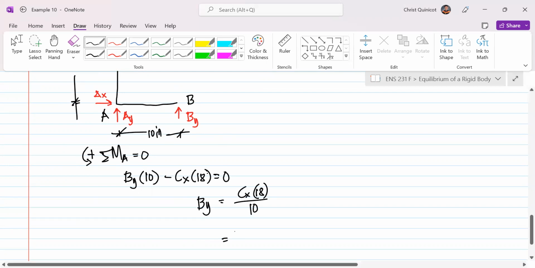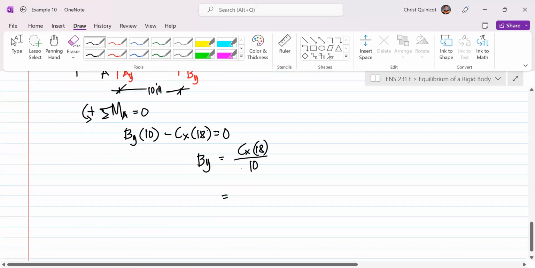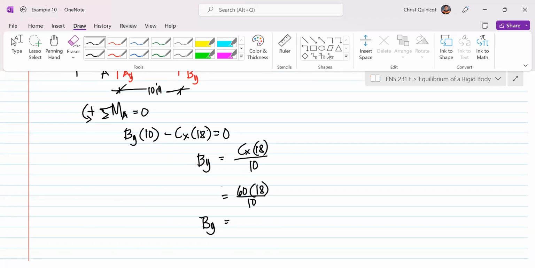We substitute the value of our C sub x, and that is 60. So this is 60 times 18 divided by 10. So our B sub y is 108 pounds.